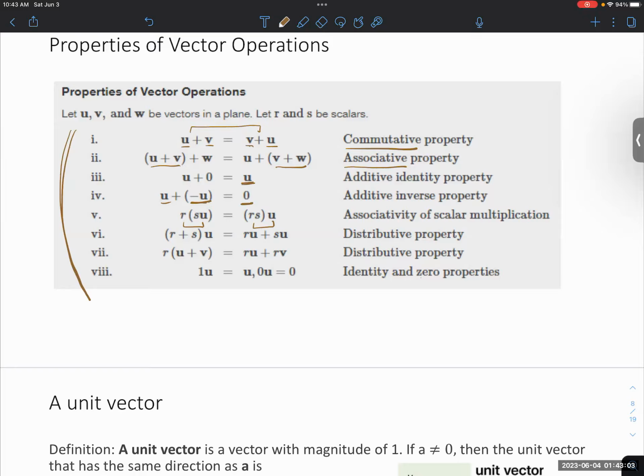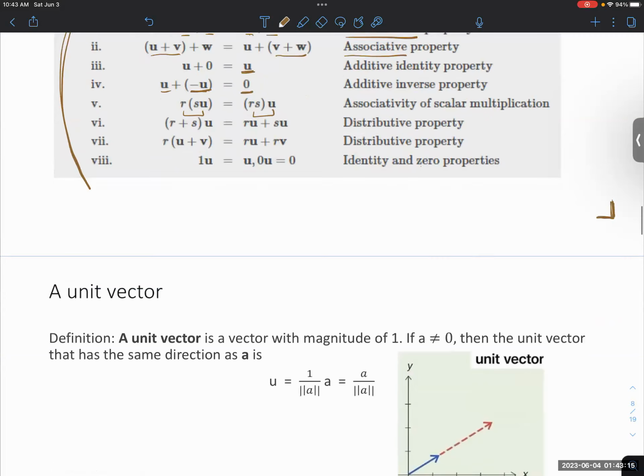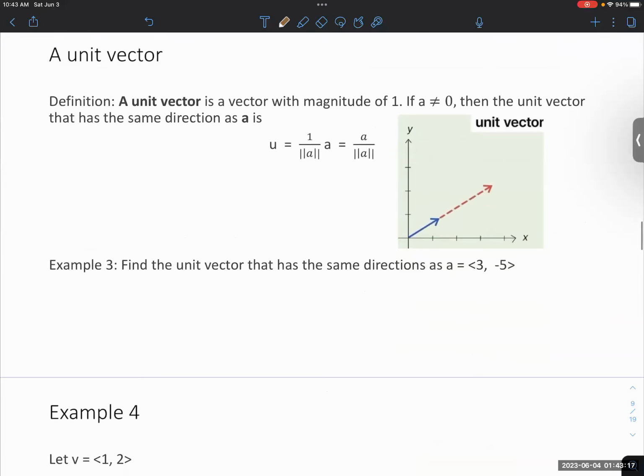So that's the basic vector material so far. Now I'm going to talk about the next concept, a slightly different type of vector. I'm going to introduce the unit vector. Let's take a look at it. In calculus 3, there are many new terminologies and mathematical concepts.